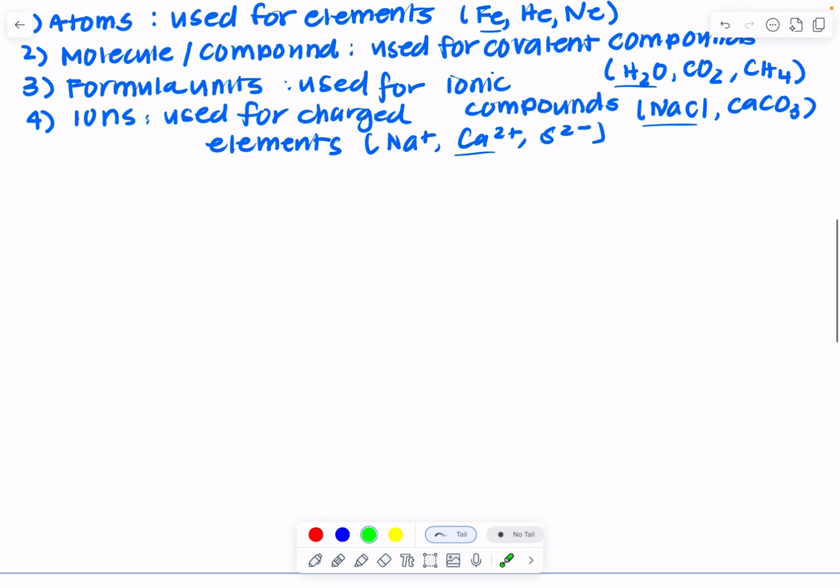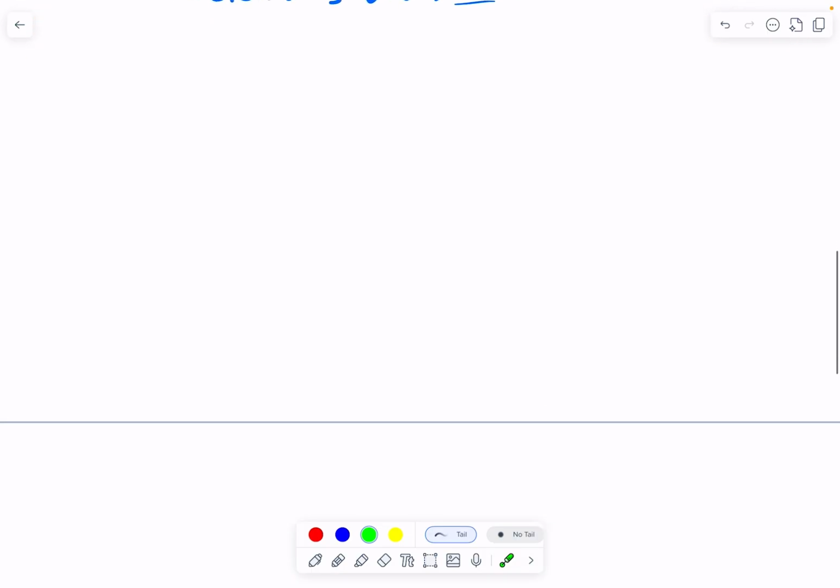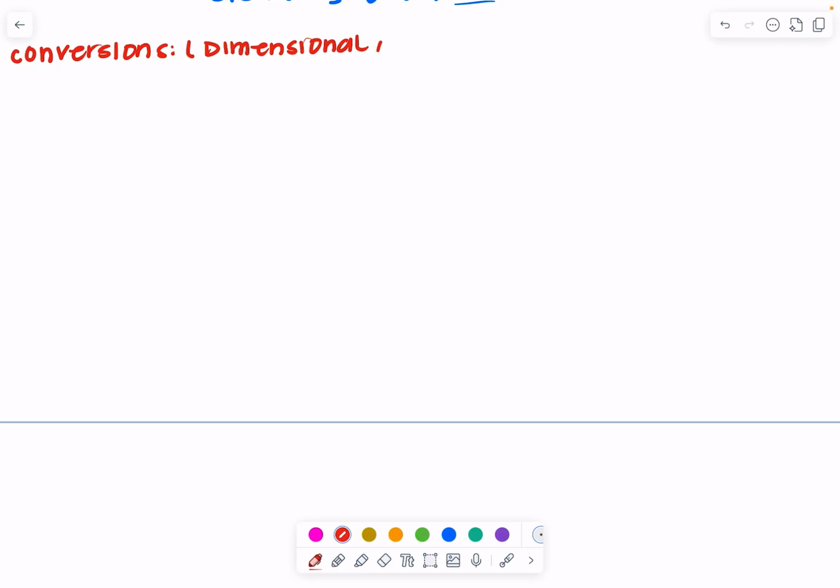Now, the bulk of our lesson today is to go over probably the most complicated thing we've done so far, and these are called conversions. And we use dimensional analysis for this, which I will show you how to do. We did sort of talk about this at the beginning of the year, but it's going to be our new norm.